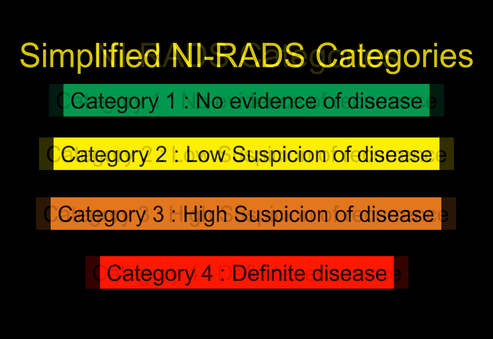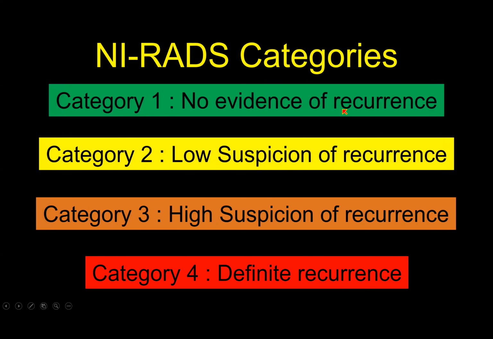Now, specifically, NI-RADS was set up just for recurrence and only in squamous cell carcinoma. So there are some limitations, obviously, to this NI-RADS system in that sense. So 1, no evidence of recurrence, 2, low suspicion, 3, high suspicion, and 4, definitely recurrence.